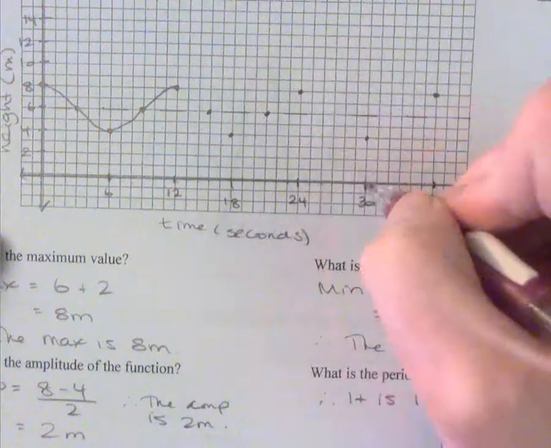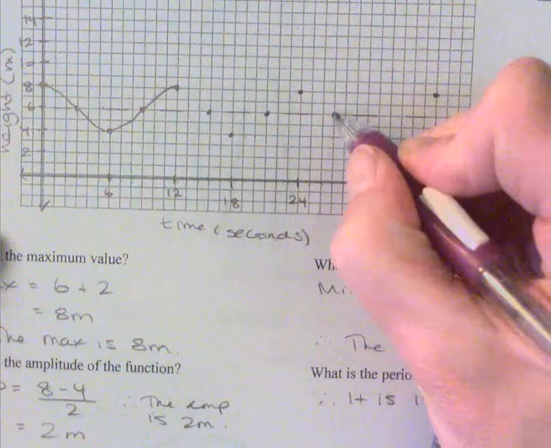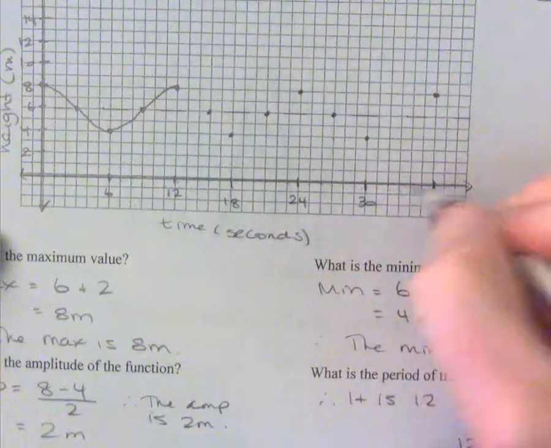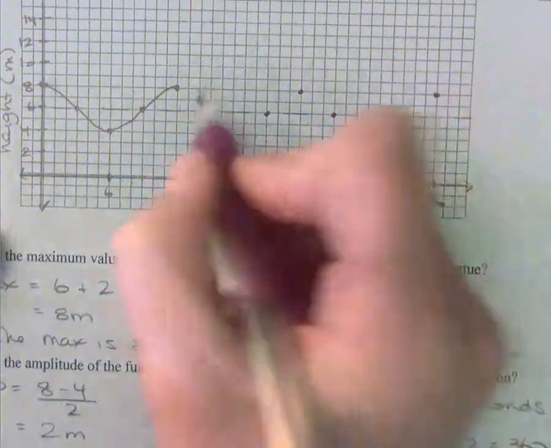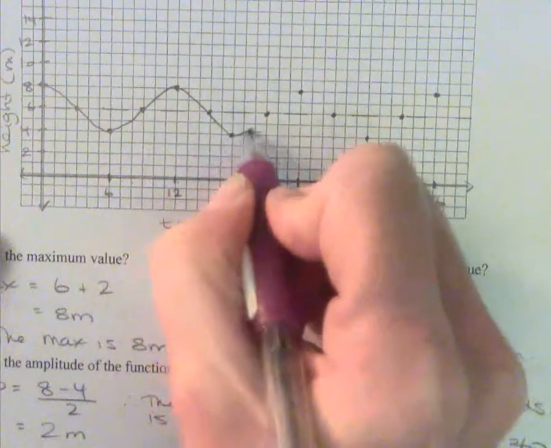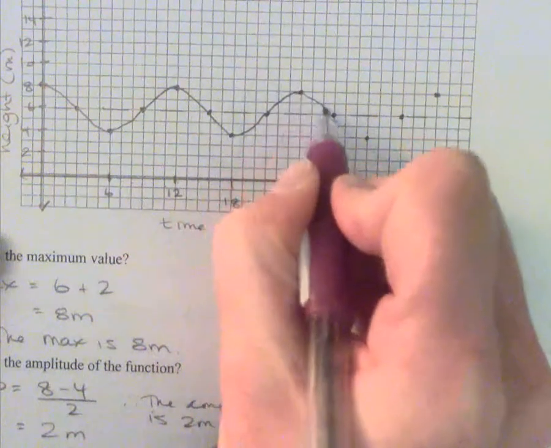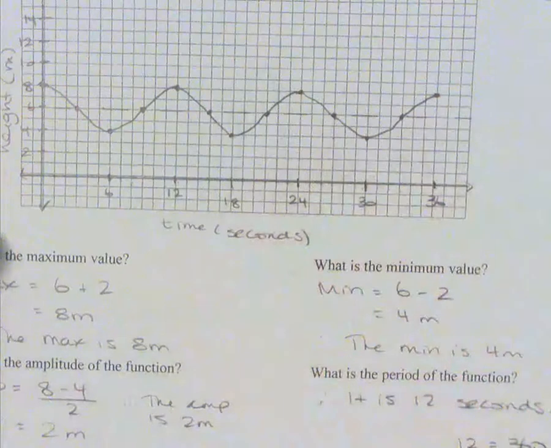Again, between 24 and 30, halfway I should be at the midline. Between 30 and 36, halfway I should be at the midline. So now I'm able to pattern out the rotation of the blades.